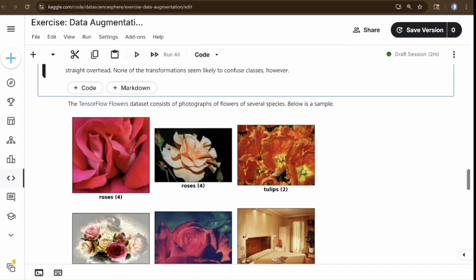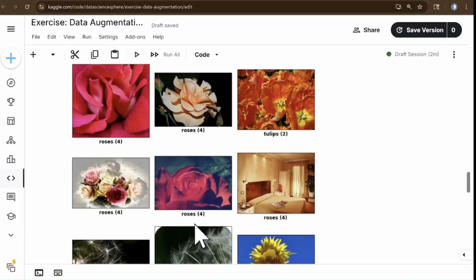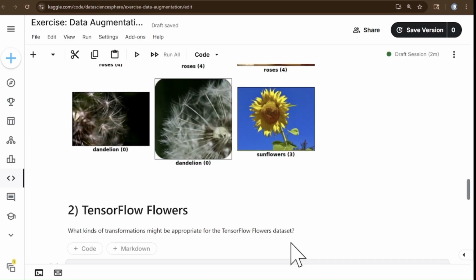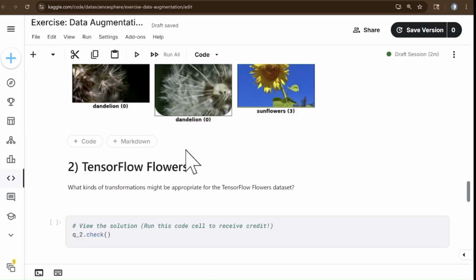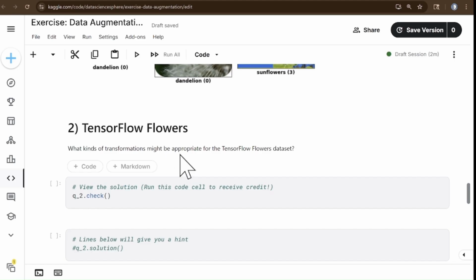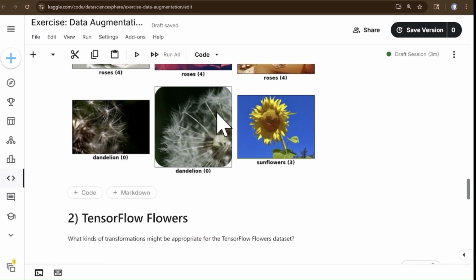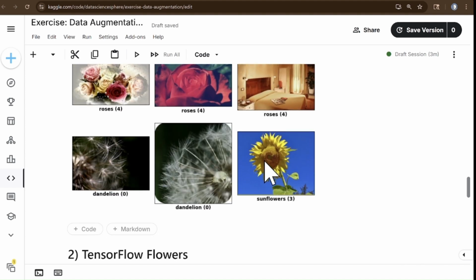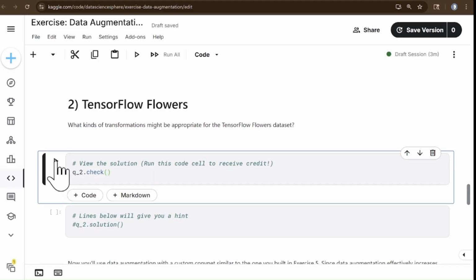Okay. Now this is the TensorFlow flowers dataset. Roses, tulips, sunflower, dandelion. Okay. Now what kind of transformation might be appropriate for this one? You can say if you do rotation, if you do left to right, if you do vertical rotation, if you change contrast, which one will be the better for you?